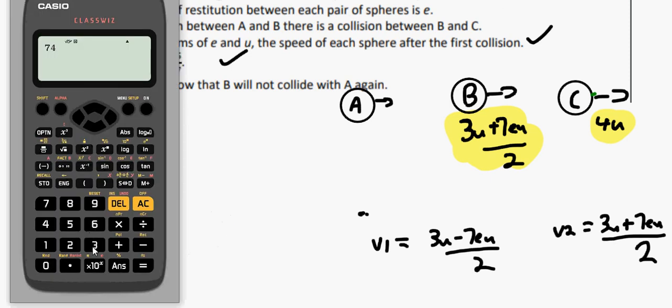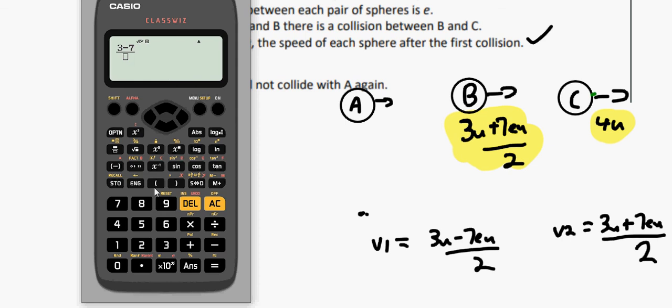So it's going to be 3, ignoring the U, minus 7 times 6 over 7, all divided by 2. Now, it actually has V1 going to the left. So A is not actually going to the right.